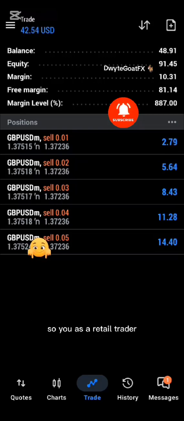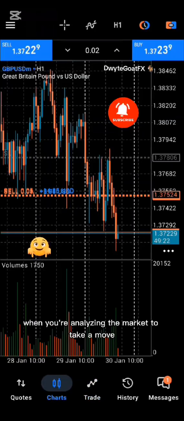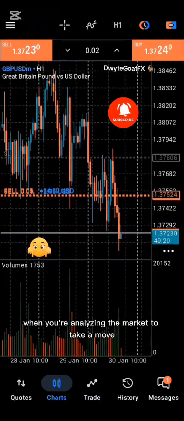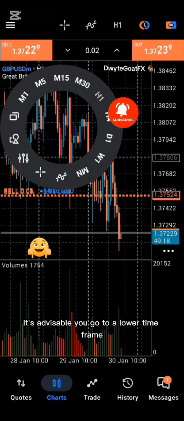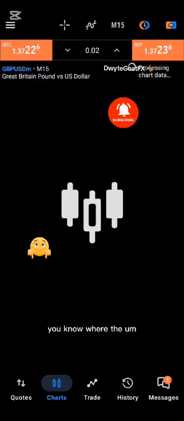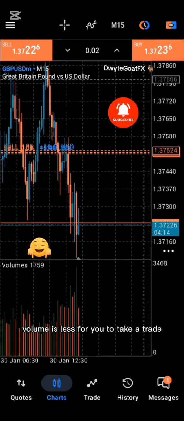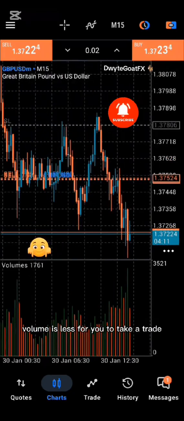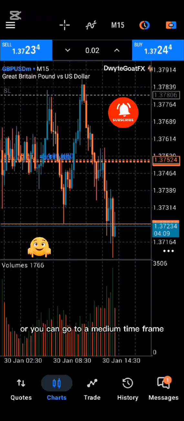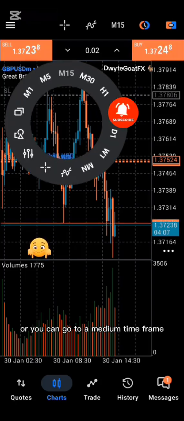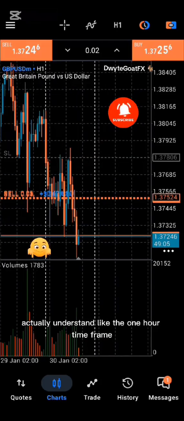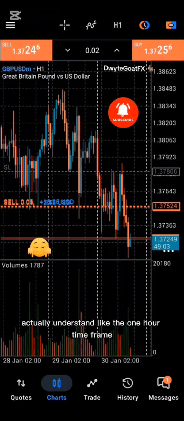As a retail trader, when you are analyzing the market to take a move, it's advisable to go to a lower time frame, where the volume is less, for you to take a trade, or you can go to a medium time frame, like the 1 hour time frame.